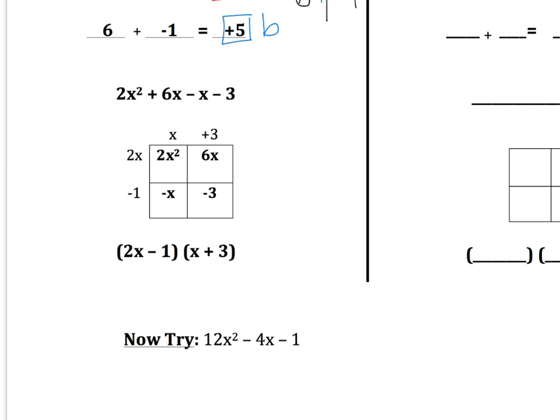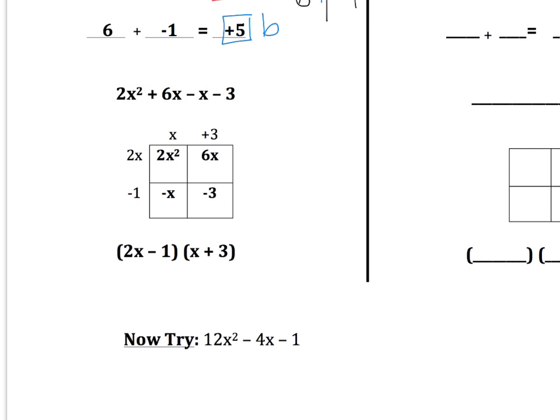But to be organized in my work, and this is how I will do it in this video, I will put the 2x to the power 2 over here. The 2 terms I split, I will put one over here and the second over here, and the constant will go on the bottom right. Again, if you switch those in the box, it doesn't really matter, as long as you put each one of them in the box.